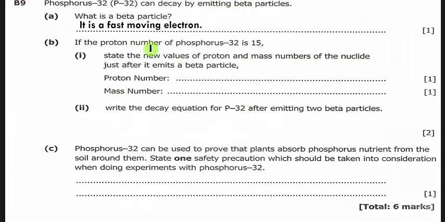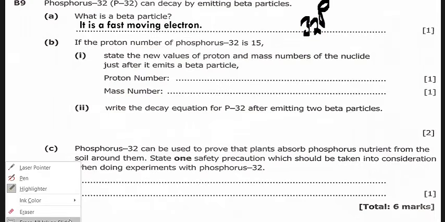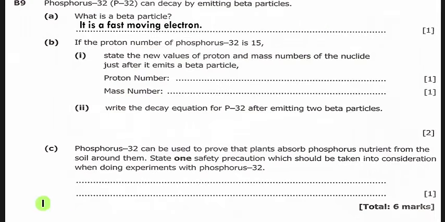So P, phosphorus, with 32 here, the mass number. Then the proton number, they're saying, is 15, which is the atomic number.